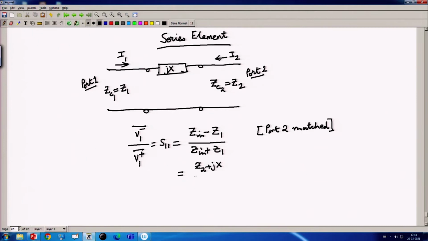So, it is Z2 plus jX minus Z1, divided by Z2 plus jX plus Z1.